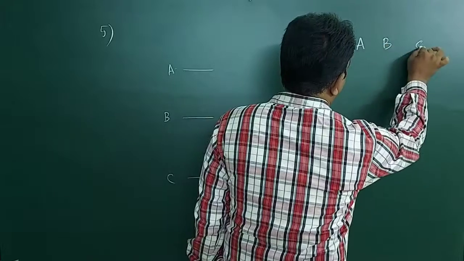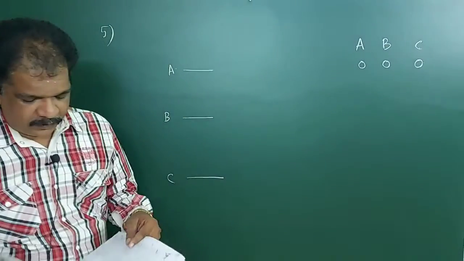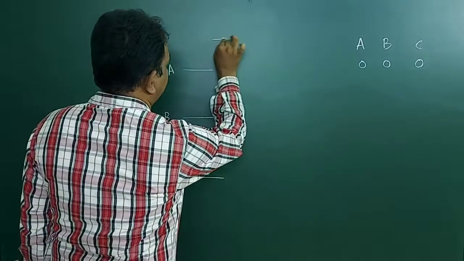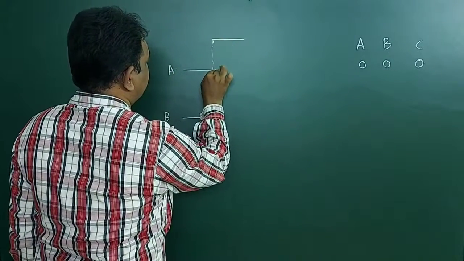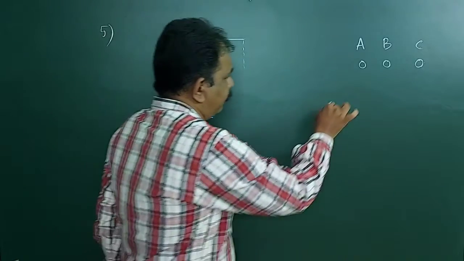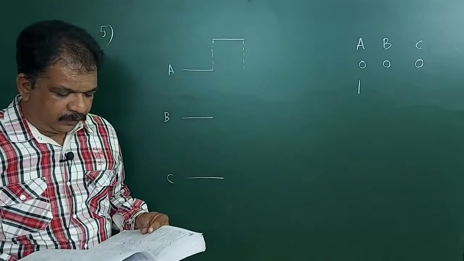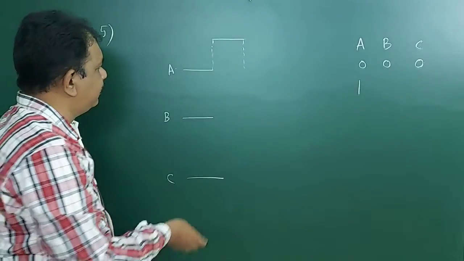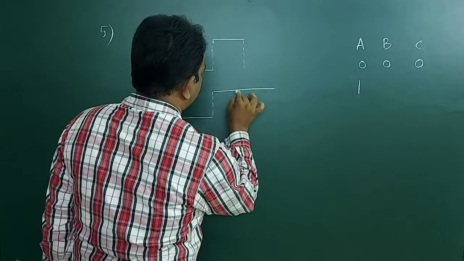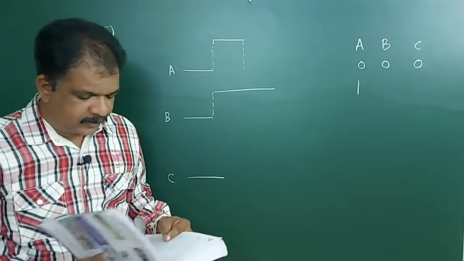A0, B0, C0. Next, what happened? It will be like this, meaning 1. Only 2 inputs will be there. So A value 1. B value, if you take, will also be 1. Now C value we got as 1.